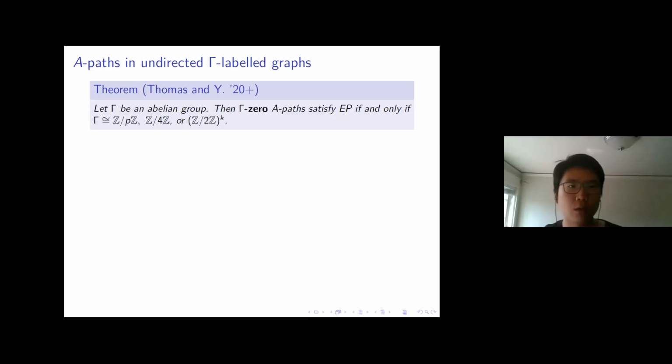Okay, so we also characterize when the 0 A-paths satisfy the Erdős–Pósa property. It turns out there's not much more. So for integers mod prime, it is true, as we know from the main result. 0 mod 4 was a previous result. And the only other case where the Erdős–Pósa property holds is when you put copies of integers mod 2.